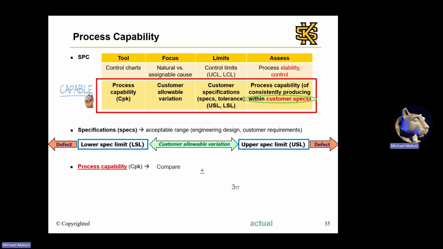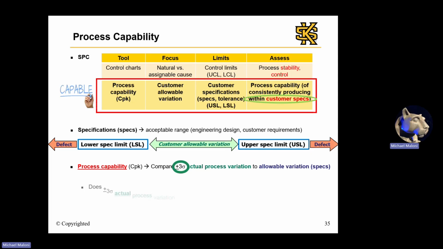CPK is the calculation for process capability. The only difference from Six Sigma is that CPK evaluates plus and minus 3 sigma process variation. Again, that sigma represents the standard deviation. CPK compares plus and minus 3 sigma of actual process variation to customer specifications, that allowable customer variation.